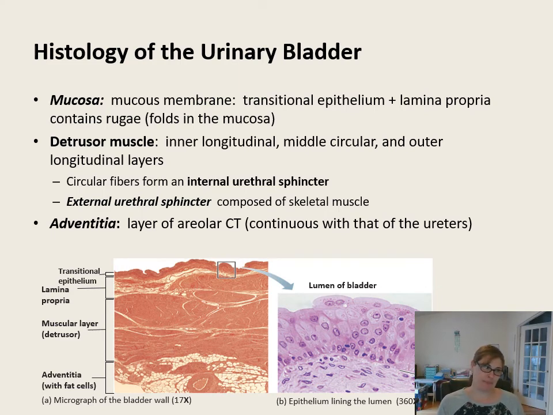This is something that babies have to gain control over. So we do have a lot of control over it, but if there's too much urine in the bladder, then the external urethral sphincter can be overrun, I guess you could say. And then we also have the adventitia, which is connective tissue.